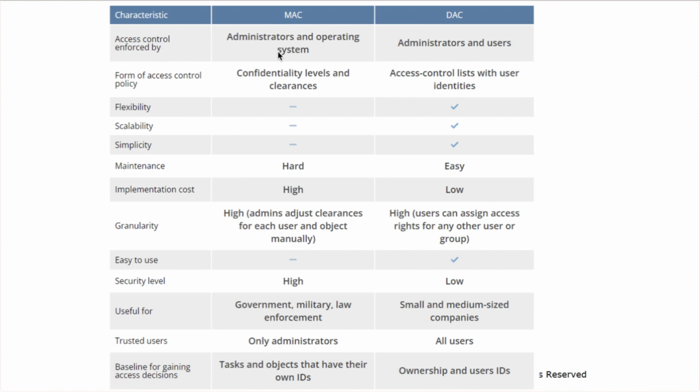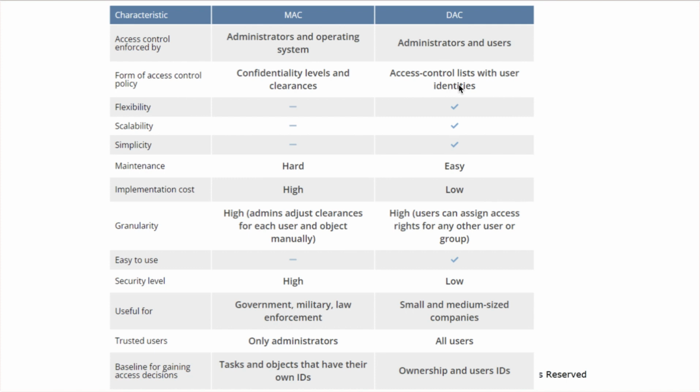In MAC, it's the administrator and operating system, basically the security team who sets up the access control approaches. Next, the form of access control is confidentiality levels and clearance levels in MAC, whereas in DAC it's access matrices and ACLs with the user identities, where we saw different approaches yesterday.